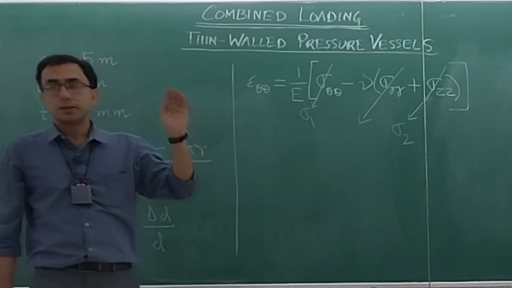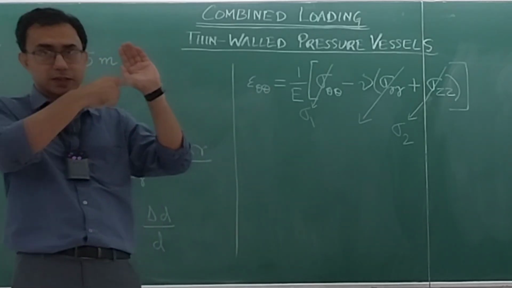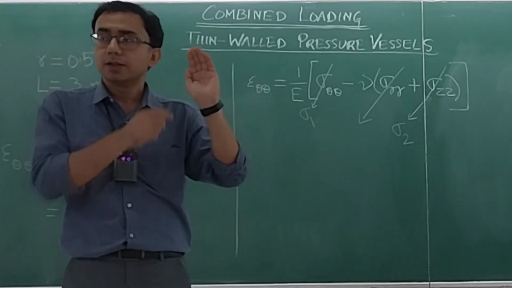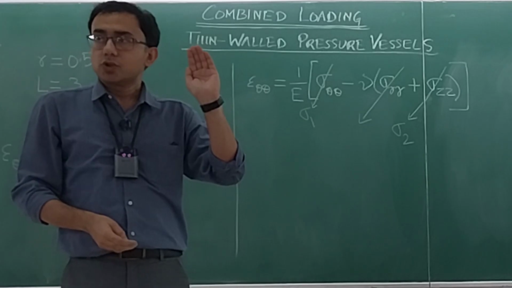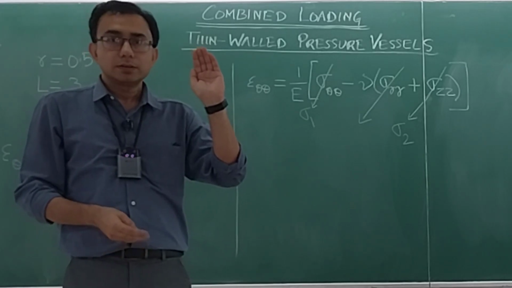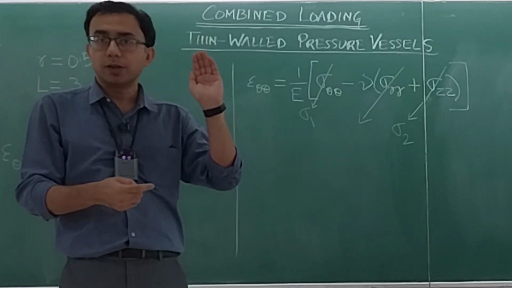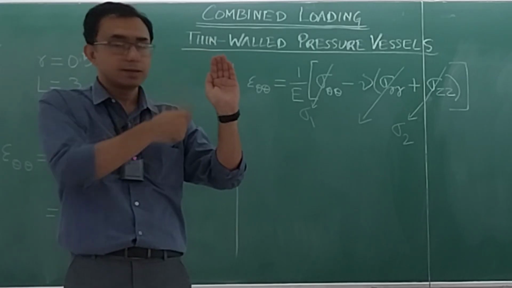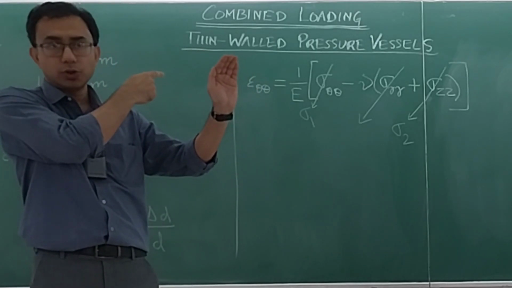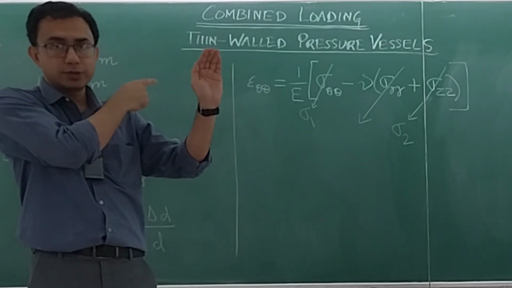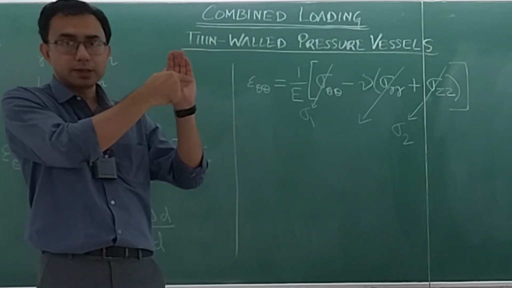Suppose, see, this is the inside of my pressure vessel. This is my hand. Look at my hand. This is the inside of my pressure vessel. So the radial direction is like this. If I look at the outside, this is the r direction pointing out. Pointing out is like this.